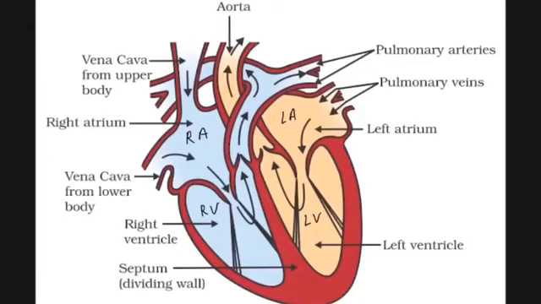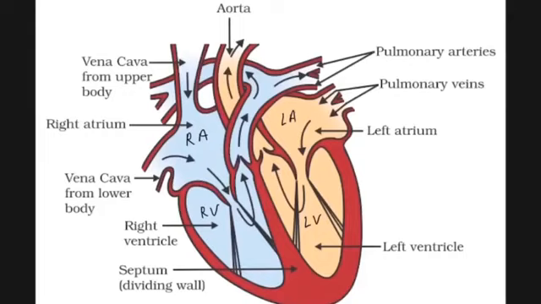Whenever the atriums or ventricles contract, the valves make sure that there is no backward flow. Let's say from the right ventricle to the right atrium, there will be no backward flow. When the right ventricle contracts, the blood will only flow out through the pulmonary arteries, and it will not go backward to the right atrium. So that's the specific job of the valves. So that's all.